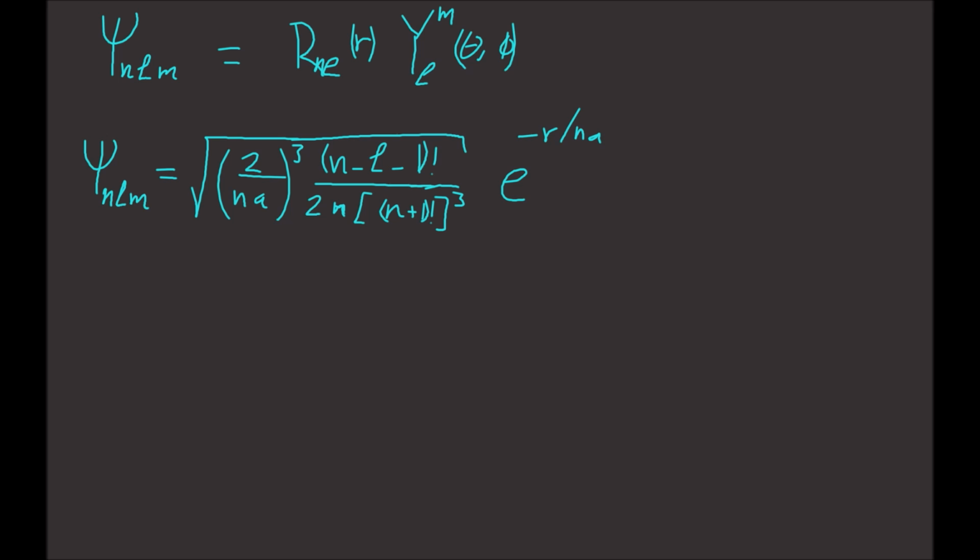This is the solution for one of the limits for the radial equation, times 2r divided by n a to the l power, times the associated Laguerre polynomials, n minus l minus 1 to the 2l plus 1, of 2r divided by n a.